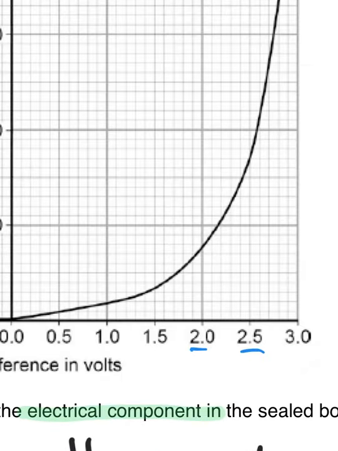This is where you guys are losing a lot of marks. 2.1, 2.2, 2.3, 2.4 and 2.5. So I want 2.3, which is here, 2.3 volts. It's very specific. So I'm just going to take this tangent all the way up and I get to this point here. That's where it meets the line.